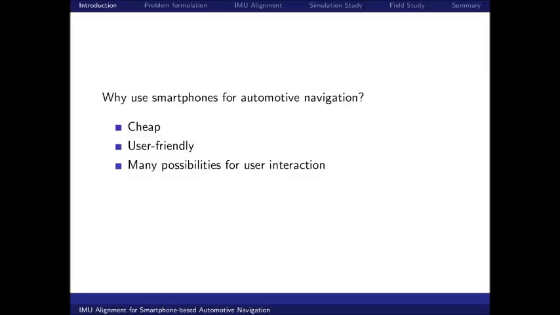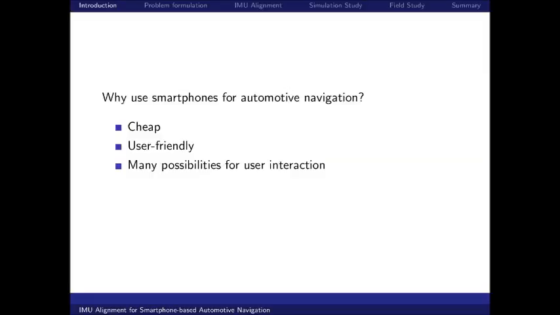The only requirement on the driver is that he or she downloads an app. And third, we have many possibilities for user interaction. We can communicate with the driver and the passengers using either audio or visual means, and we can even offer services to the driver when off the road, since he will usually carry his smartphone with him when leaving the car.